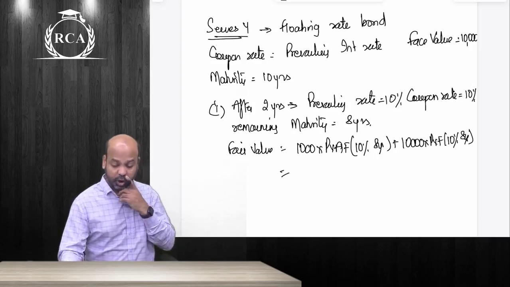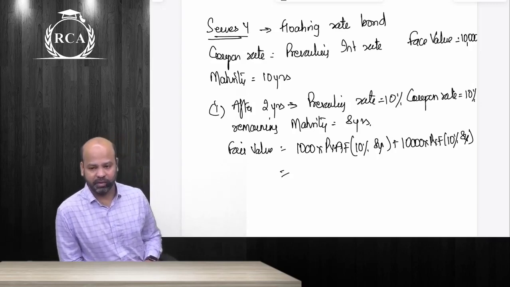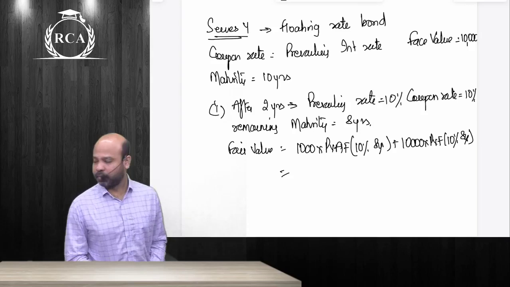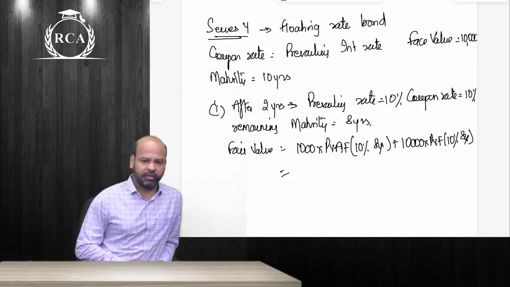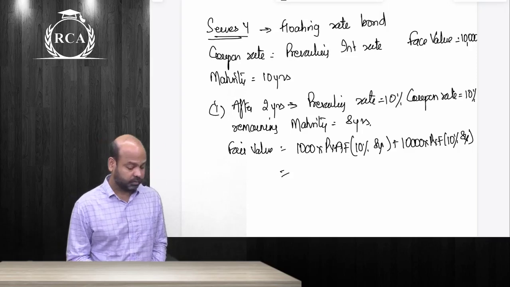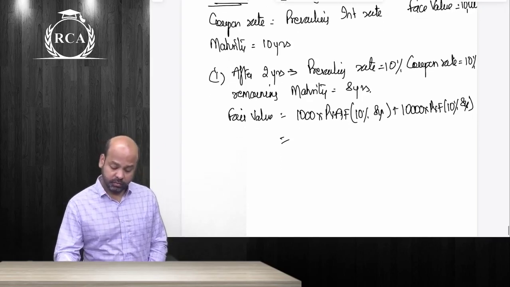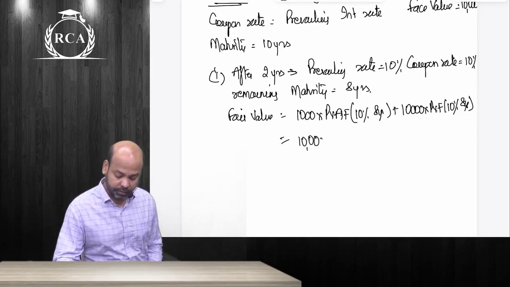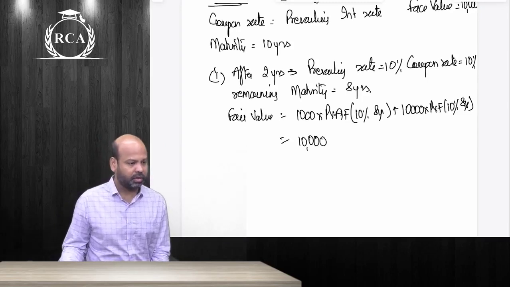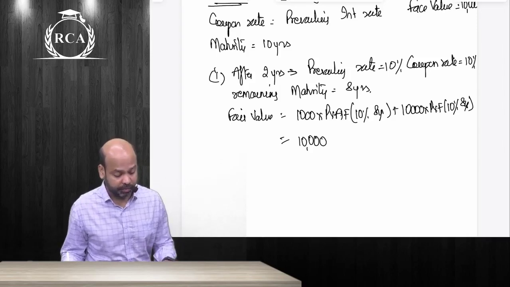We are taking a coupon of 1,000 rupees because your prevailing interest rate is also 10%. You will come back to a value of 10,000 rupees only. You are discounting and compounding at the same rate, so you should come back to the same value.